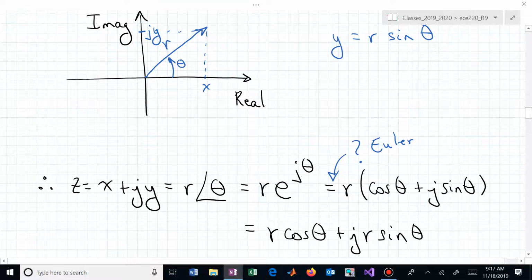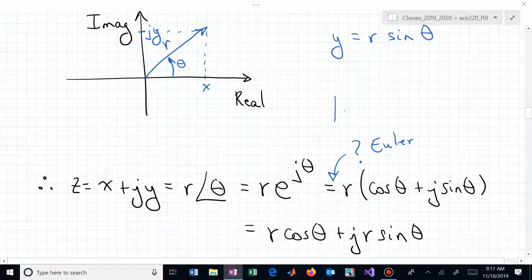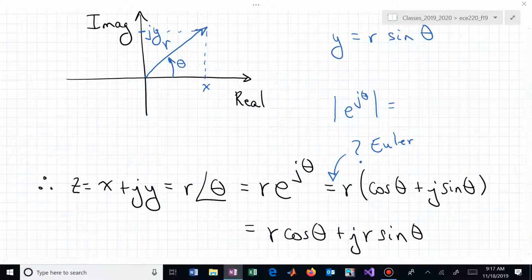Euler now allows us to say, e to the j theta, and what's the magnitude of e to the j theta? That's a point in this complex plane. It's an angle theta relative to the real axis.